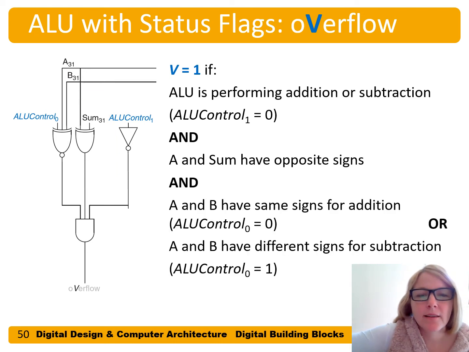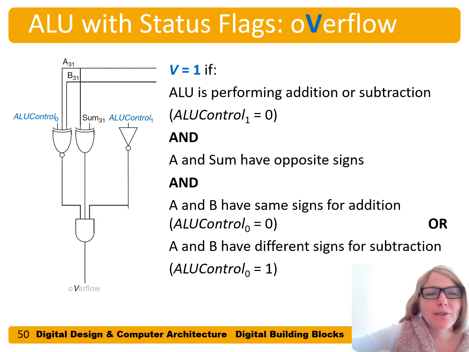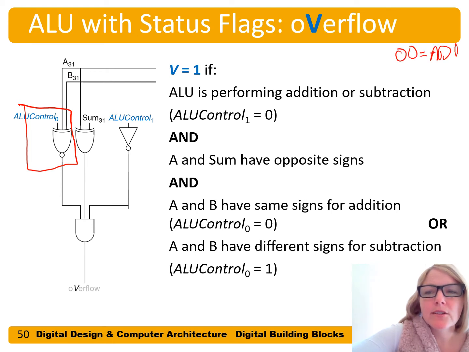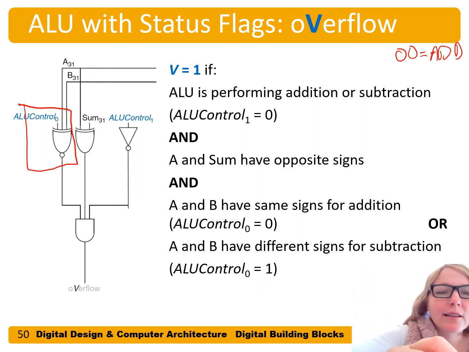And A and B have the same signs for addition, or A and B have different signs for subtraction. Okay, so that's this last part, this last gate here tells us, okay, if ALU control bit 0, remember that's for addition, equals addition, we want to know, hey, do these have the same signs? Right, if they're addition, let's do an example. Let's suppose they're 1, 1.